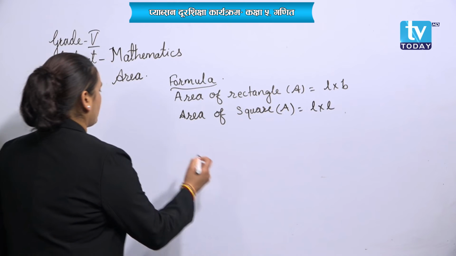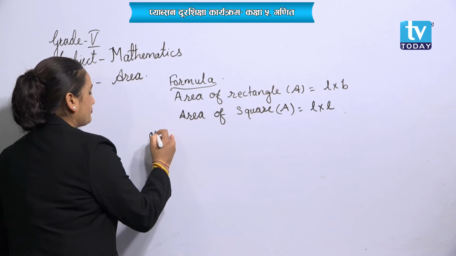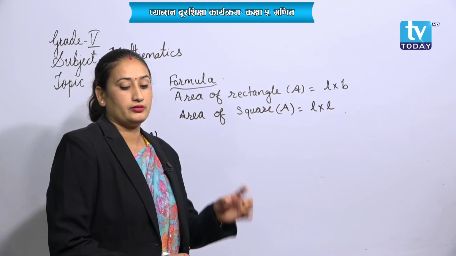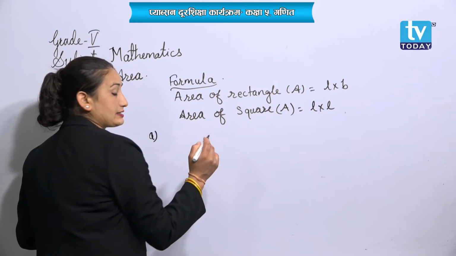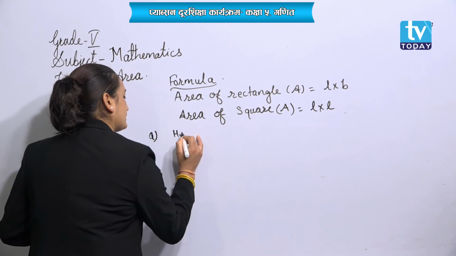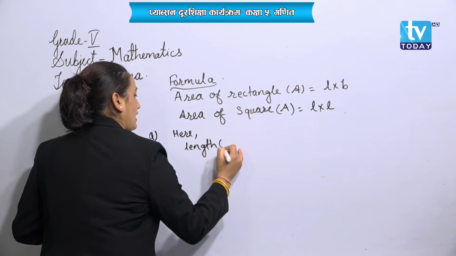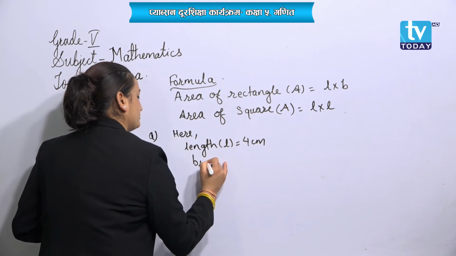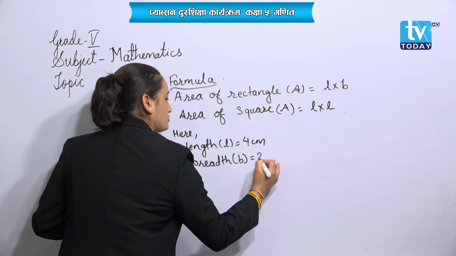Okay, now the first answer. You have to find the area of that rectangle. So we can write it here. Length L equals 4 cm and breadth B equals 2 cm.